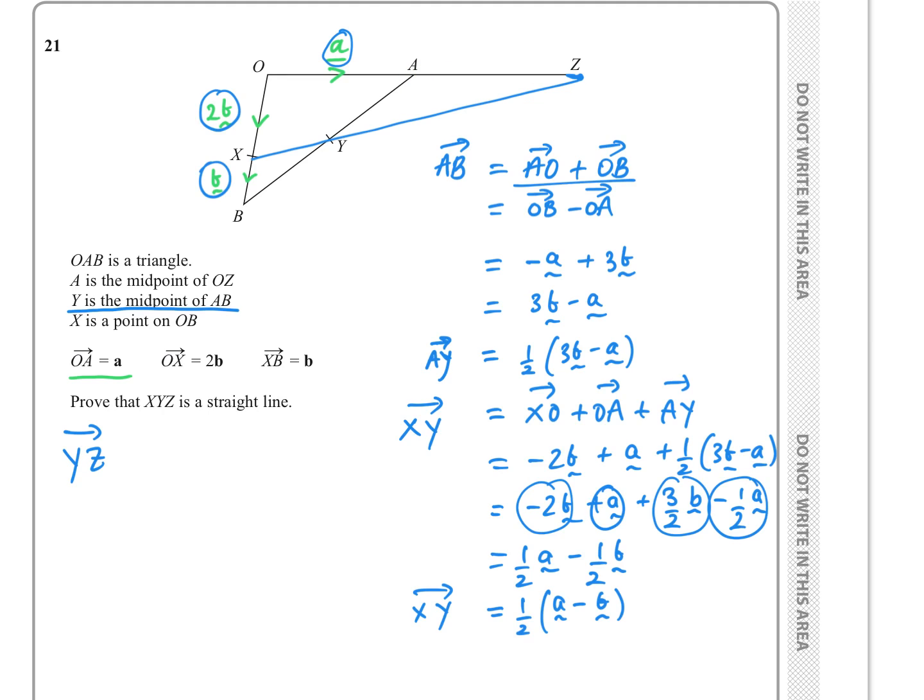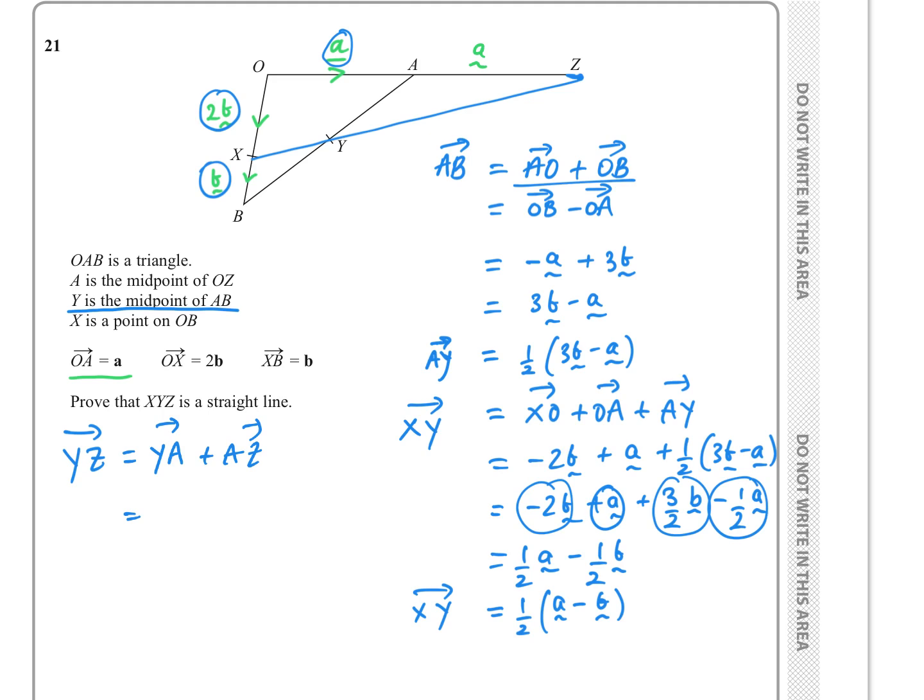So I can put this in because A is halfway. So Y to Z is going to be Y to A plus A to Z.